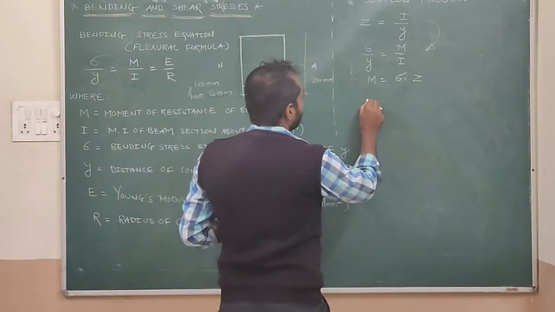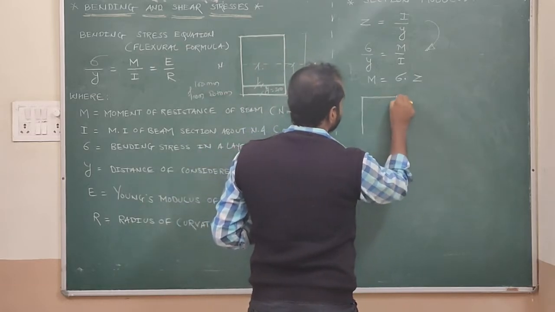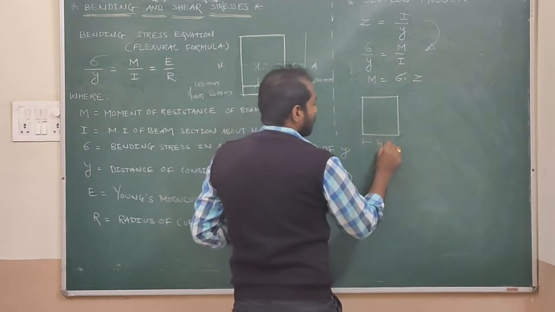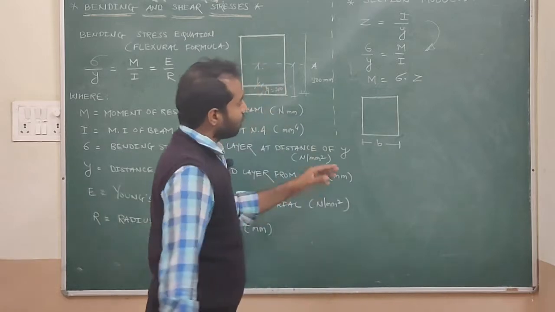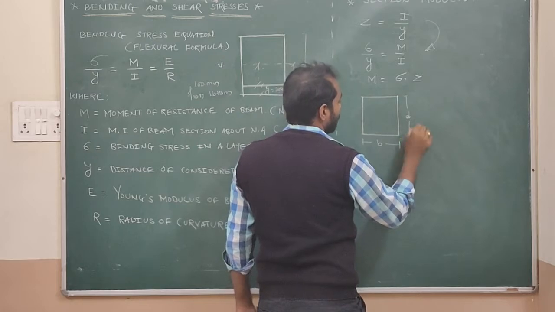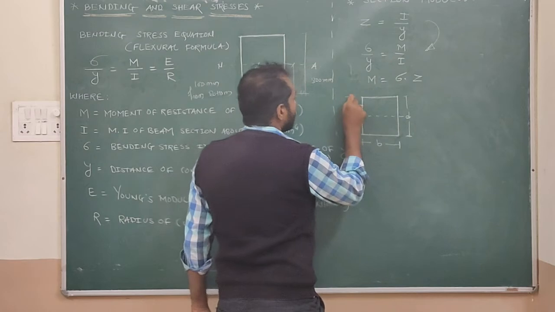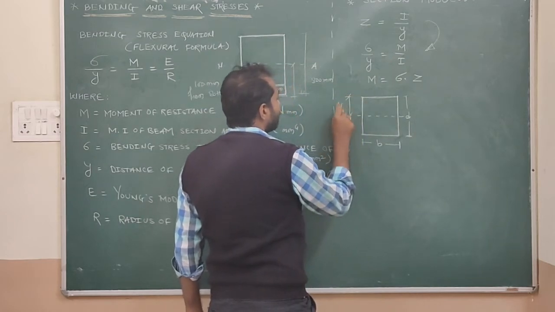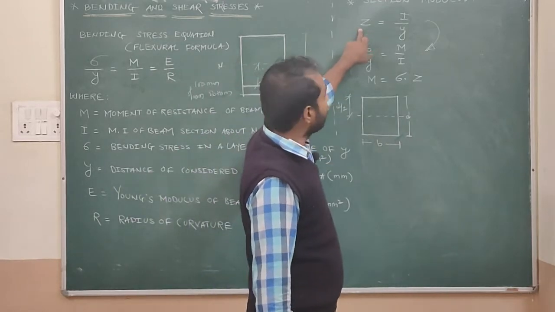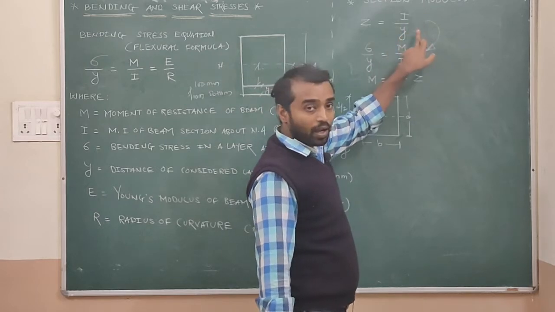Now you need to find out the value of section modulus for different cases. If you are using a rectangular section, where this is the width b and this is the depth d, and the neutral axis is acting at a distance of d by 2, then we need to find out the value of Z, and the formula for Z is I by y.